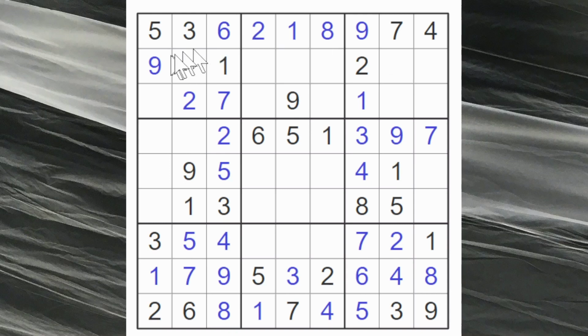There is something about row 2 that attracts me, and what attracts me is that we have a restriction here. This is a 4-8. We also have a 4-8 restriction here, so this can be a 4-8, but this cannot be a 4-8. This here is a 6-8.